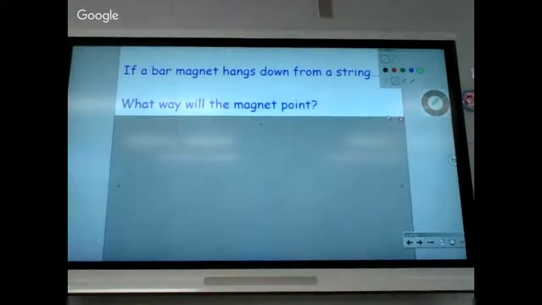Opposite way. As it can get north to south. The north of the bar magnet will point where? North.